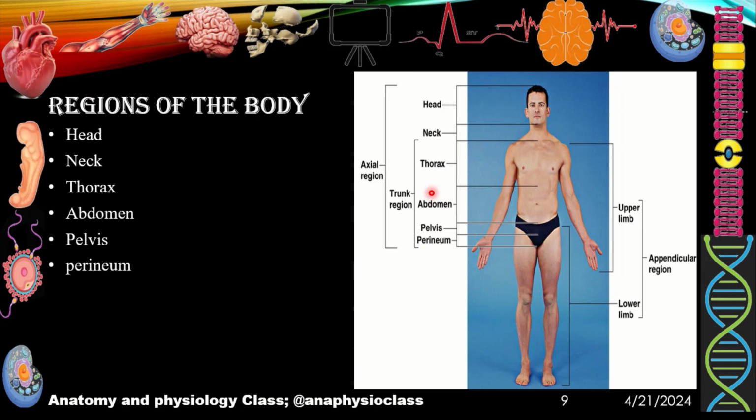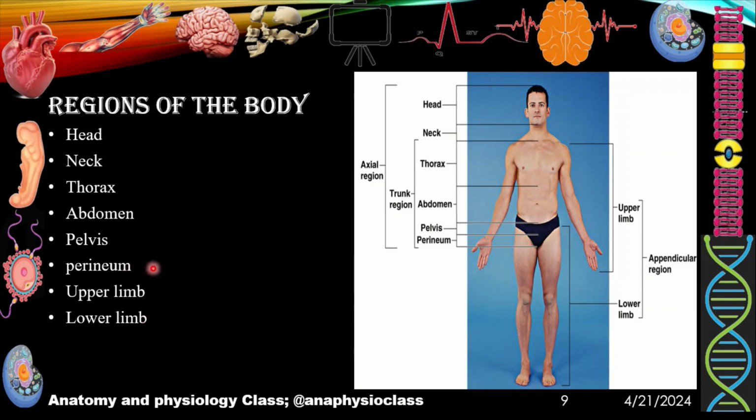These regions are more associated with the axial skeleton. Then the upper limb and lower limb are more associated with the appendicular skeleton, or the appendages. That is why you also call them upper extremity and lower extremity.